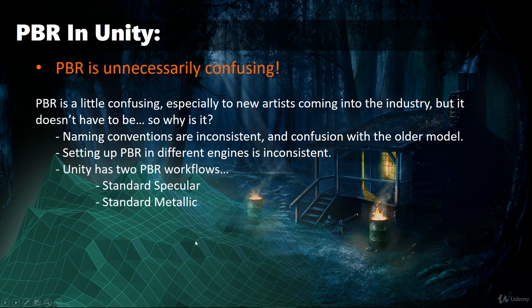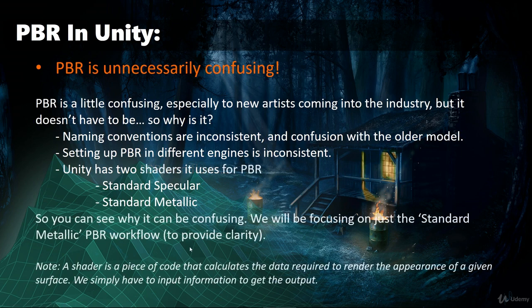And this is another thing. Unity has two PBR workflows, a standard specular and a standard metallic. We're going to be using the standard metallic. We're not going to be using standard specular. There's a very subtle difference between the two, but like I said, we'll use standard metallic, and then perhaps as an update I'll cover standard specular as well.